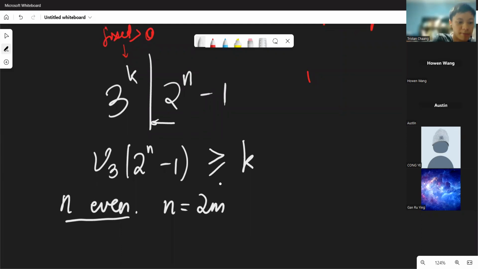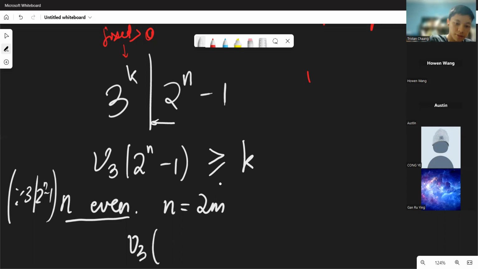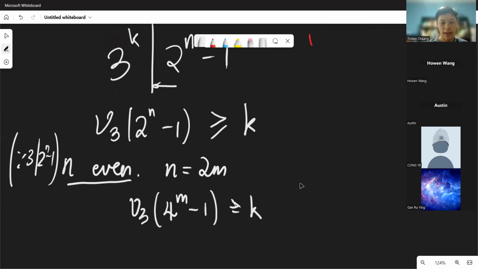So since 3 divides 2 to the n minus 1, n must be even. So let's say n is 2m. So v3 of 4 to the m minus 1 is more than or equal to k. And now what do we do?